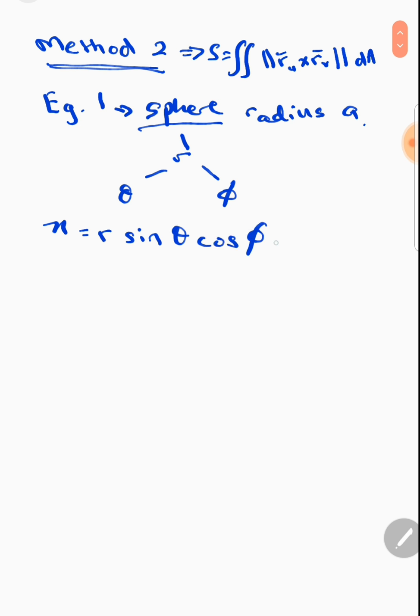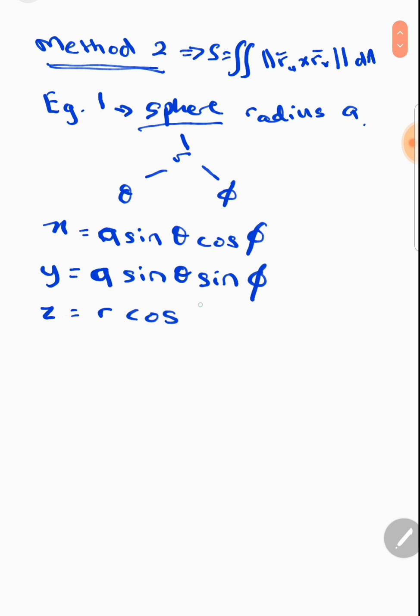I can just replace my r with a, because this is of radius a. And y will also be r sine theta sine phi, again my r is a. Z is r cos theta, which then becomes a cos theta.